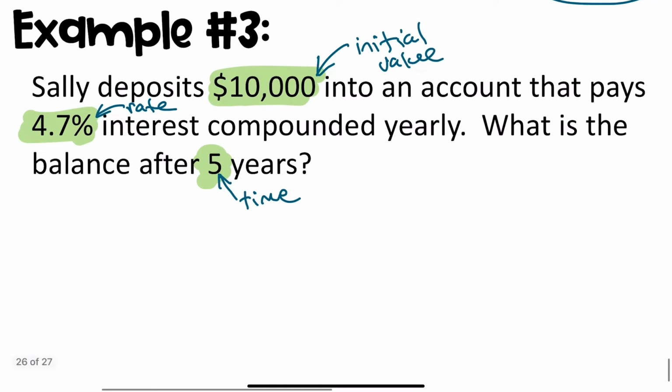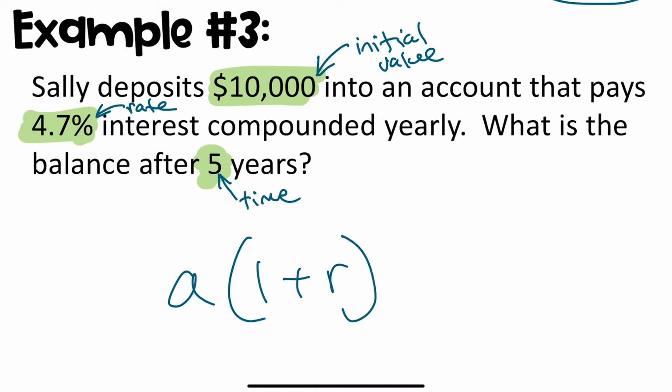All right, so just like we did before, I'm going to write my formula out and just replace all of the pieces. So initial value is going to be our A. Our initial value is 10,000. Cool. Rate. Our rate is 4.7%, but I need that to be a decimal.